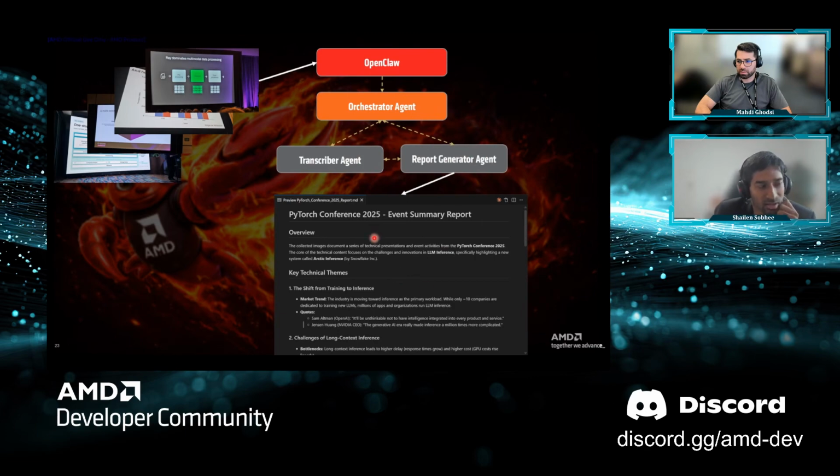So that use case, I've been using this multiple times and I love it. It's a very simple use case, just two agents, but you can see the power of OpenClaw in this case.